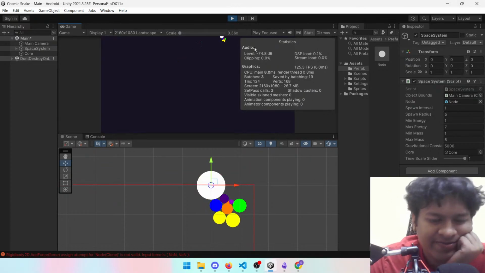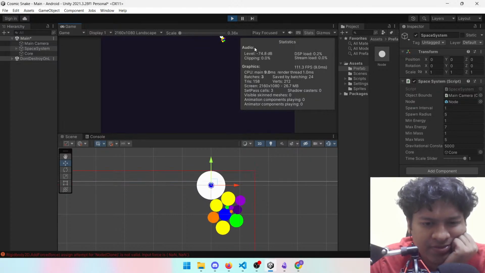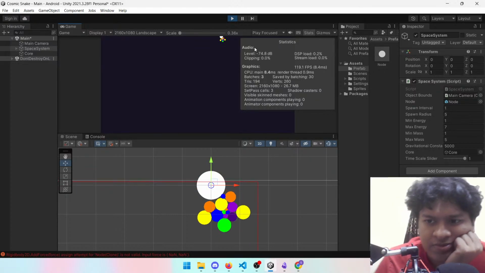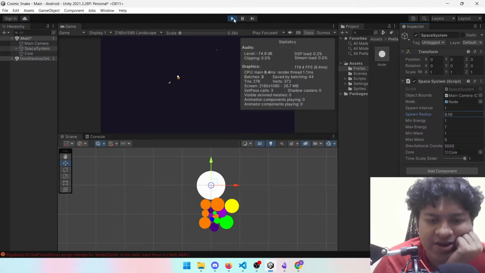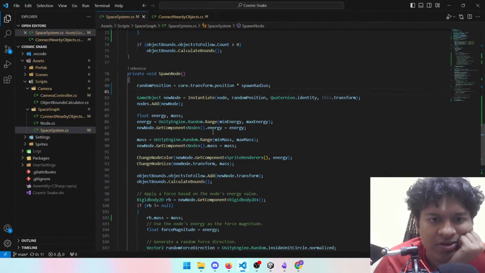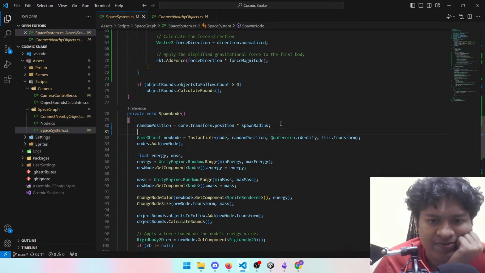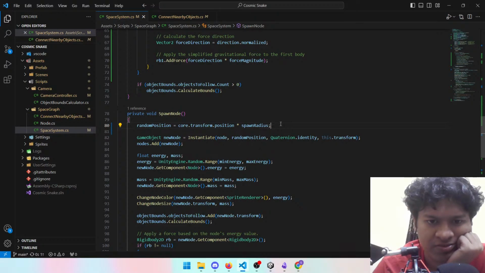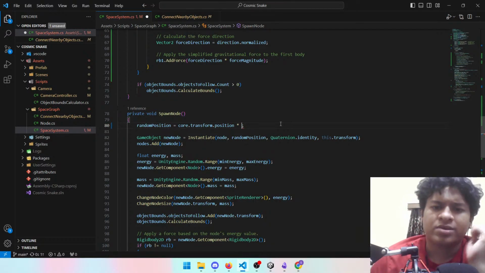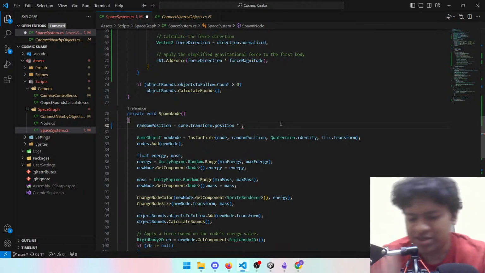It's at the center. Increasing the spawn radius does not do anything. But why? Why wouldn't it change the thing though?